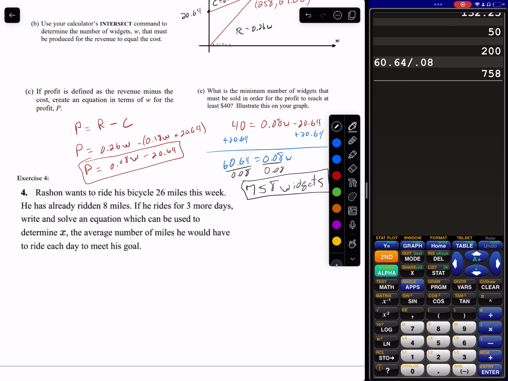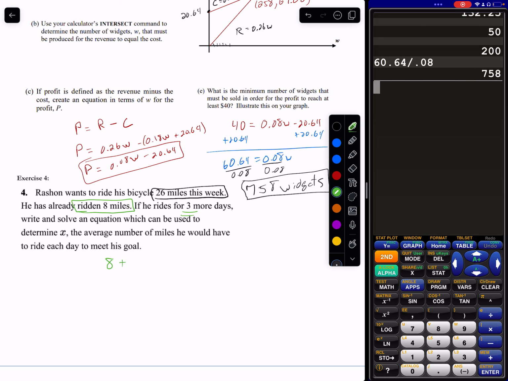We know that Rashawn wants to ride his bicycle 26 miles this week. We know he's already ridden 8 miles, so there's already 8 miles under there. And if he rides for 3 more days, how much would we have to average? If you know that he's already ridden 8 miles, we're going to start with 8, right?